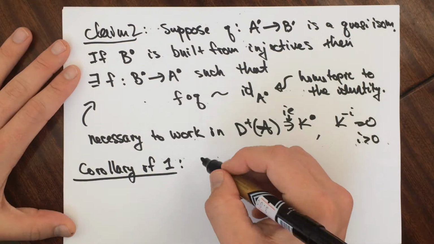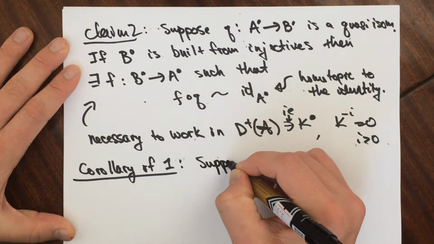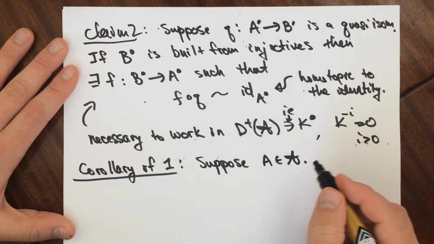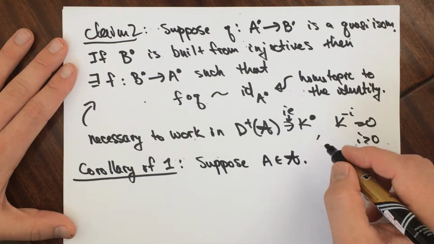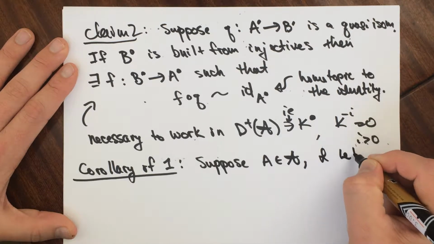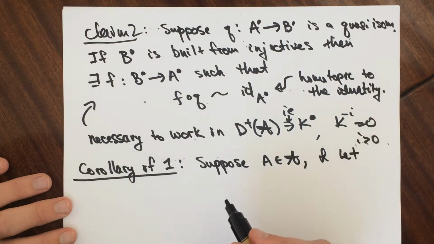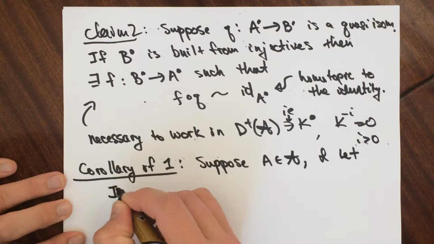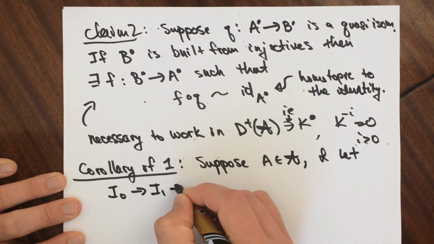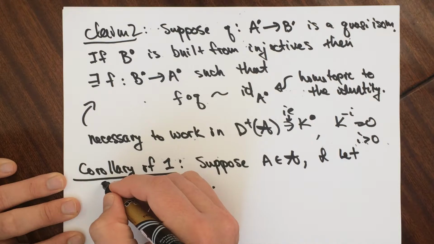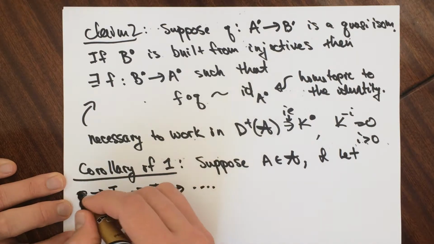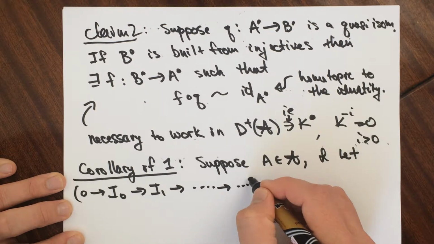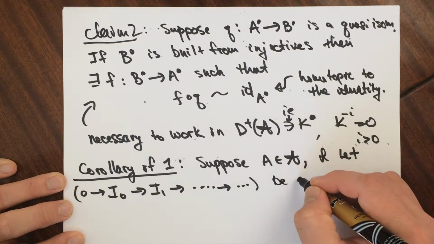So suppose A is an element of the category, and let 0 to I0 to I1 to so on be an injective resolution.